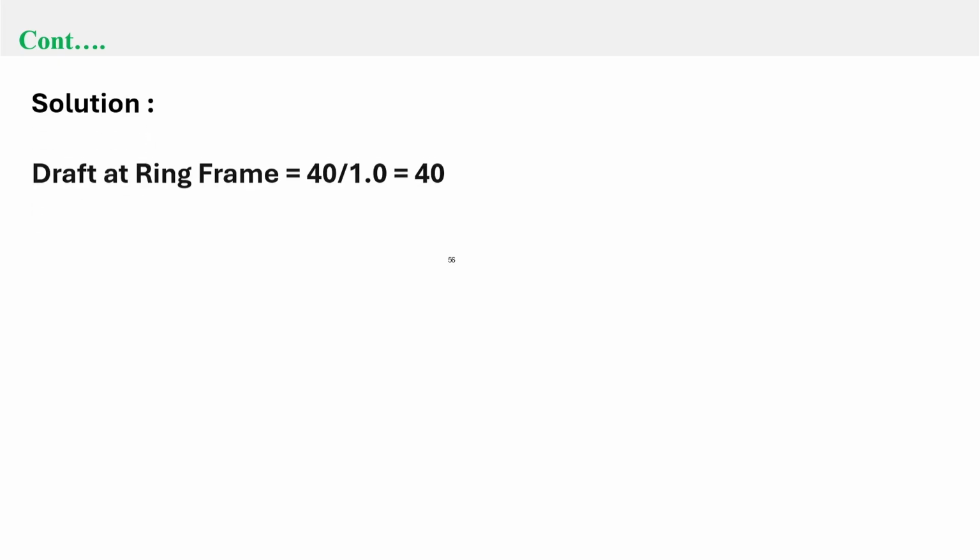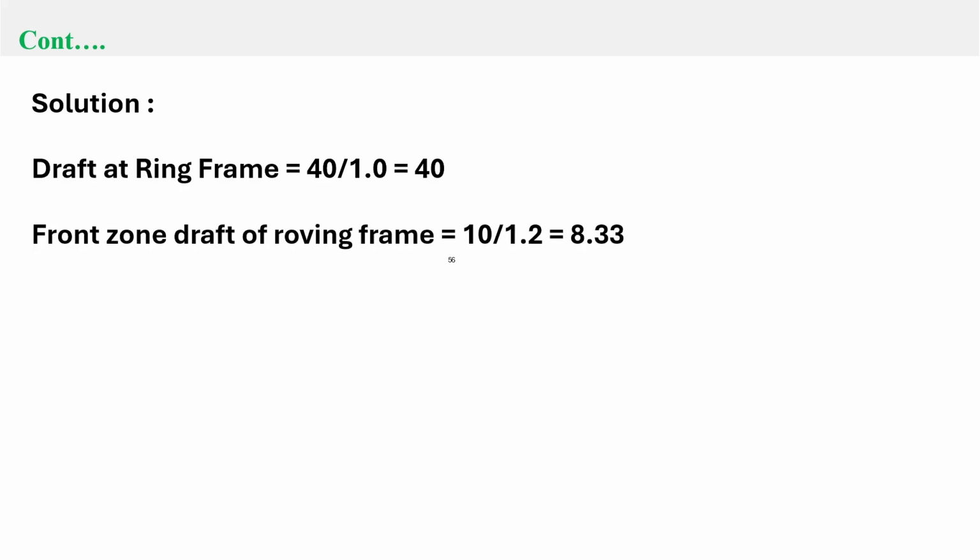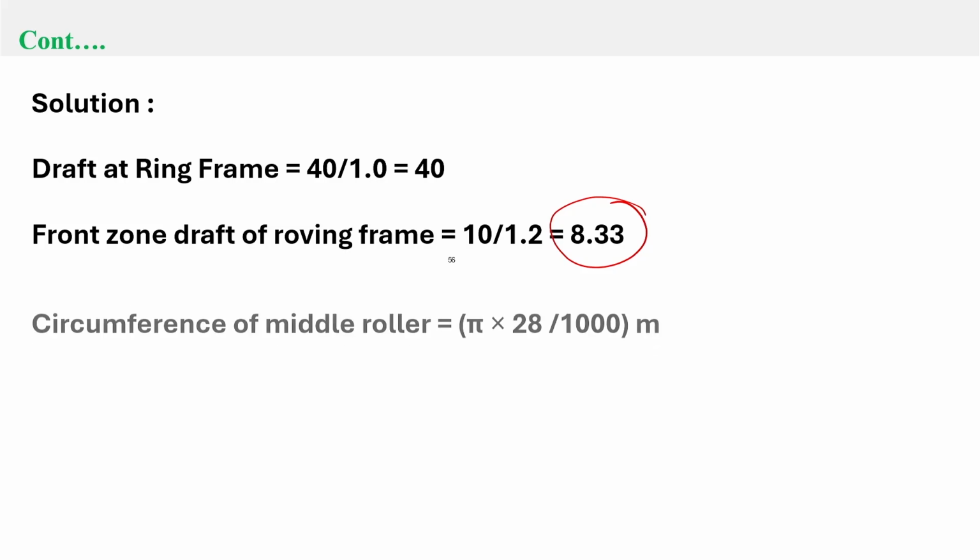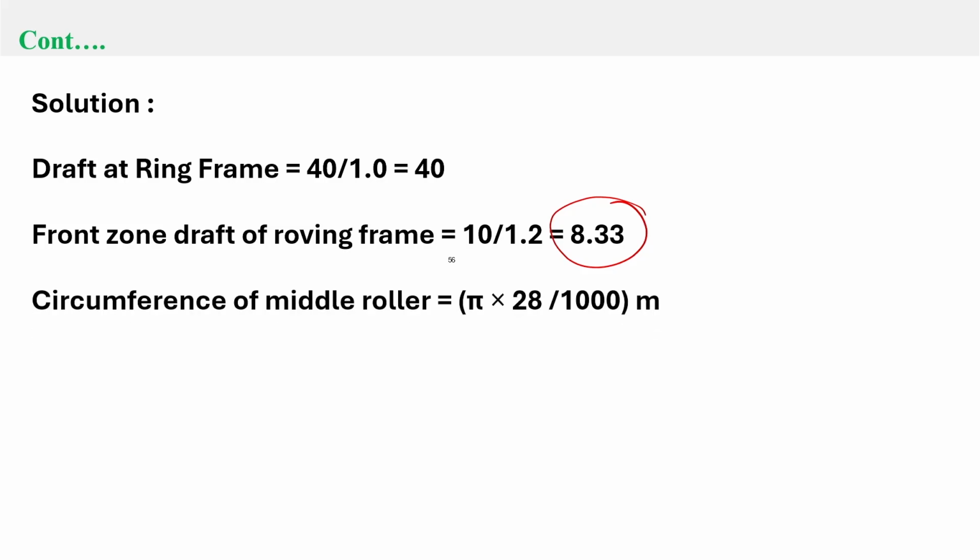Now, let us see the solution. The draft at the ring frame is 40. The front zone draft of the roving is 10 by 1.2, which is 8.33, and the circumference of the middle roller is pi times 28 by 1000.